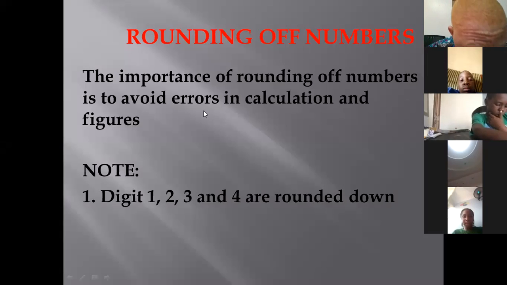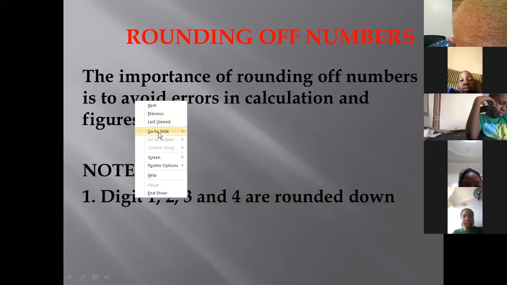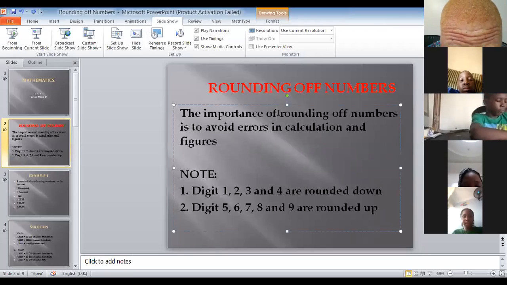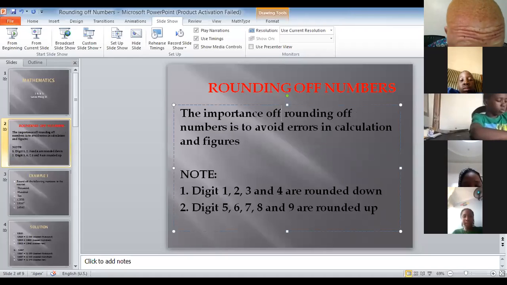So what we need to note when we're rounding off numbers, let me do some adjustments to this. I think there is something I just need to quickly put there, and that is a missing letter.